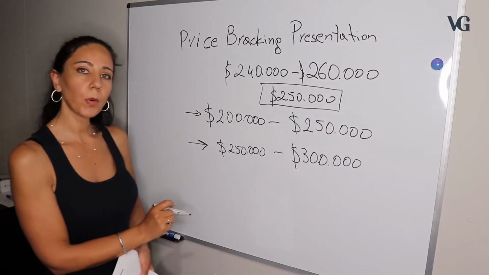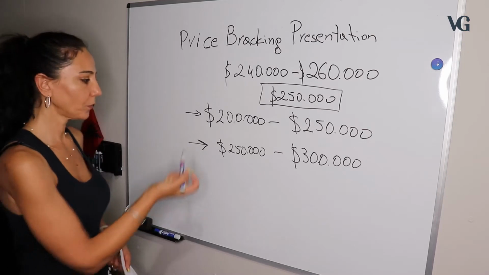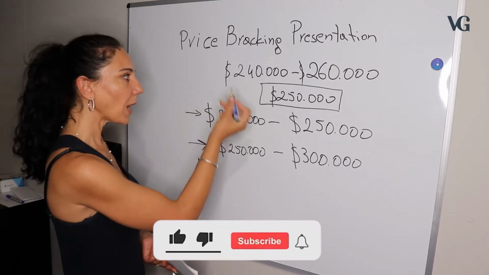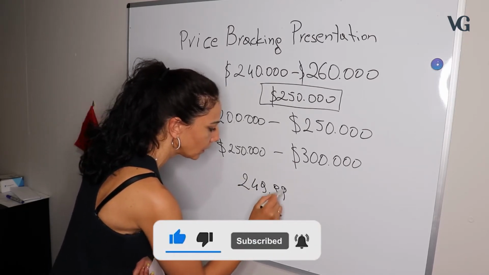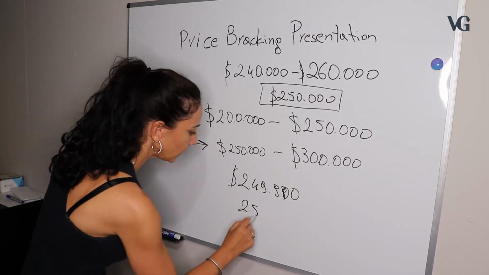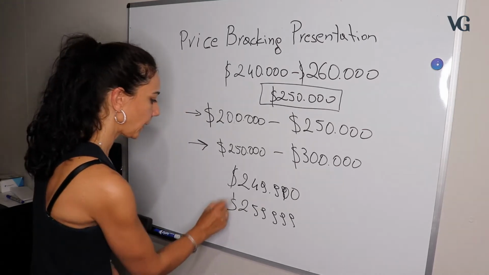So it is very important that we price the property correctly. In this case, I would not like to price the property at $249,900 or, let's say, $259,999. All right?